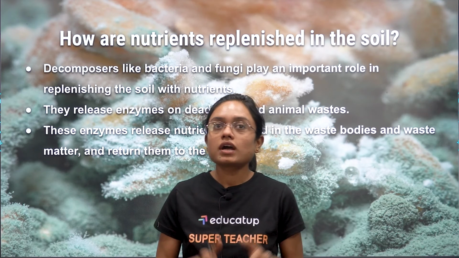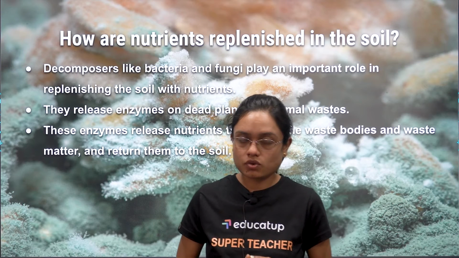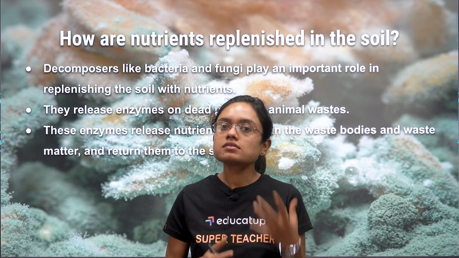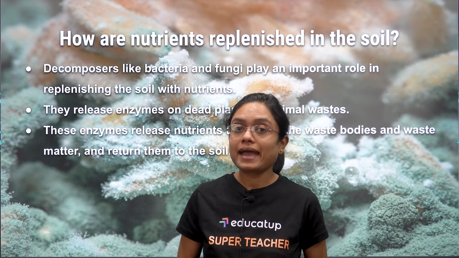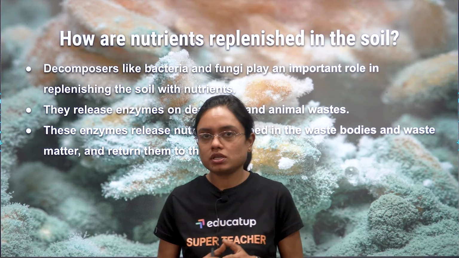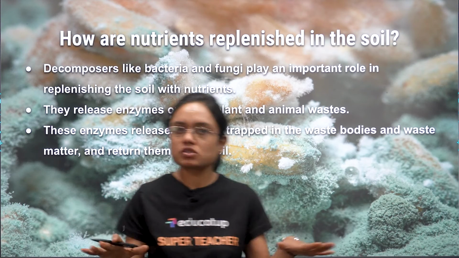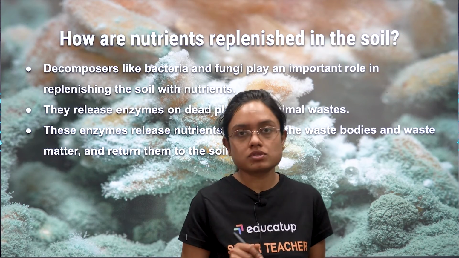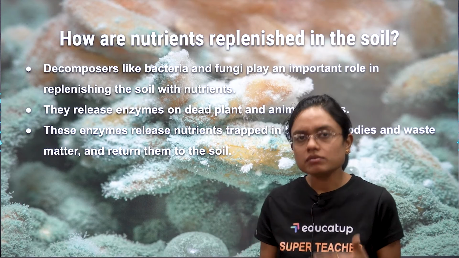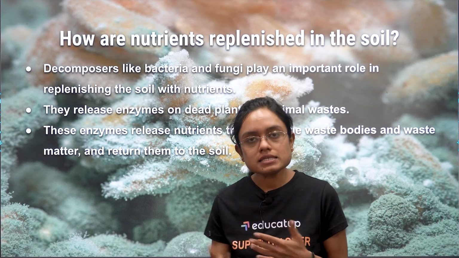Alright children, now we are going to discuss the last topic, that is how are nutrients replenished in the soil. So children, you know that there are certain organisms like bacteria and fungi which are known as decomposers. Now what they actually do, whenever there is a dead plant or dead animal on the surface of the soil, these decomposers, that is bacteria and fungi, act upon these dead bodies, they release certain enzymes.